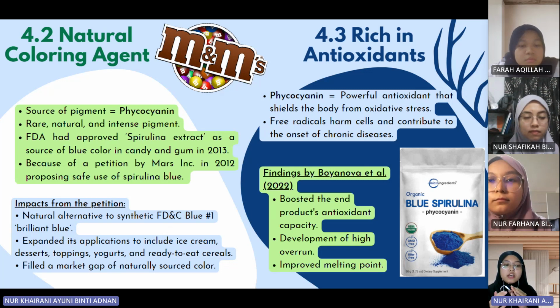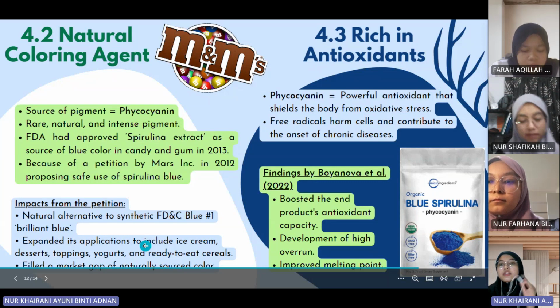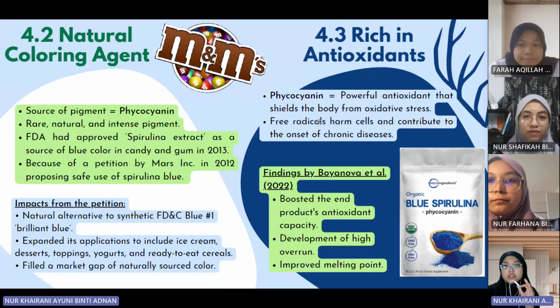And spirulina has filled a market gap of naturally sourced green and blue color to fulfill consumers' expectations. And other than being a natural coloring agent, phycocyanin also acts as a powerful antioxidant that shields the body from oxidative stress. Oxidative stress can contribute to chronic disease because of free radicals.